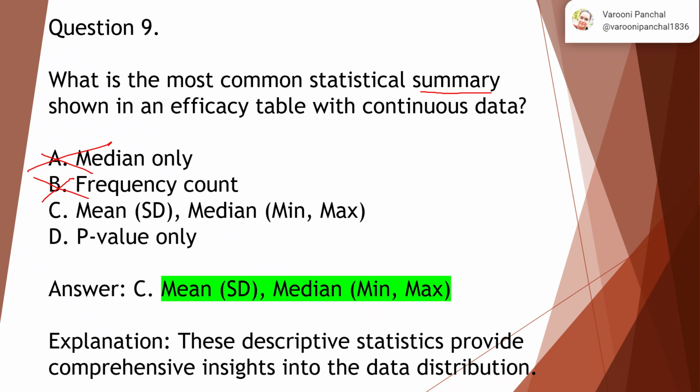So this is not the right answer. Option D, which is p-value. So the correct answer is mean, standard deviation, median, min, and max. Now these descriptive statistics provide comprehensive insights into the data distribution, and are generally used as the statistical summary shown in the efficacy table with continuous data.